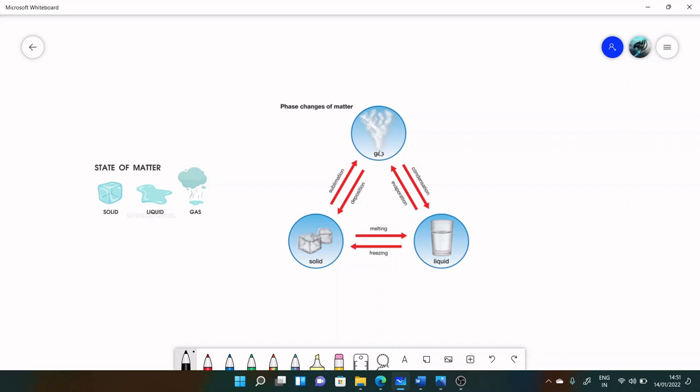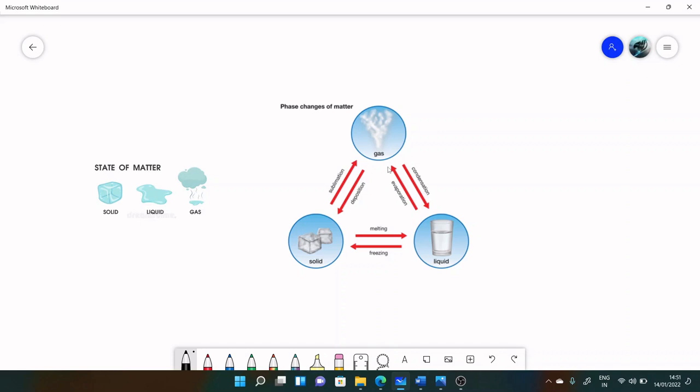When a solid turns into a gas, it's sublimation. When a gas turns into a liquid, that's condensation. Liquid to solid is freezing, solid to liquid is melting, liquid to gas is evaporating, gas to solid is deposition. These are the six phase changes that can occur.